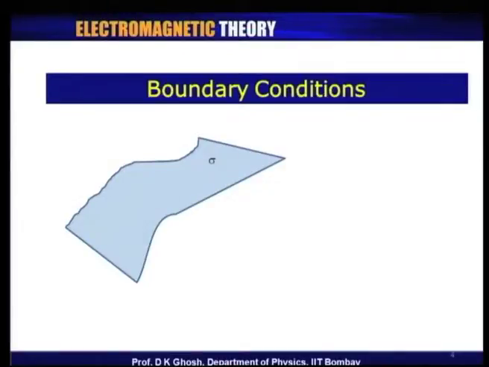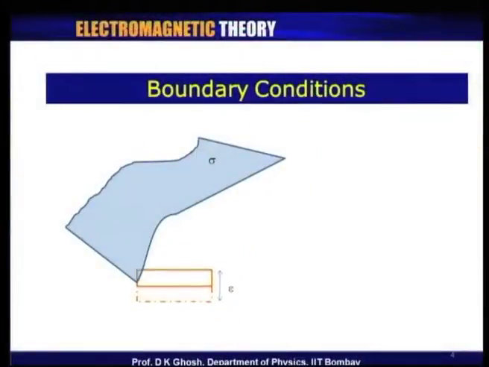Now, what happens to the tangential component, that is the component which is parallel to the surface? Once again I start with the same surface, an infinite sheet with a charge density sigma, and I am interested in looking at what happens to the tangential component.